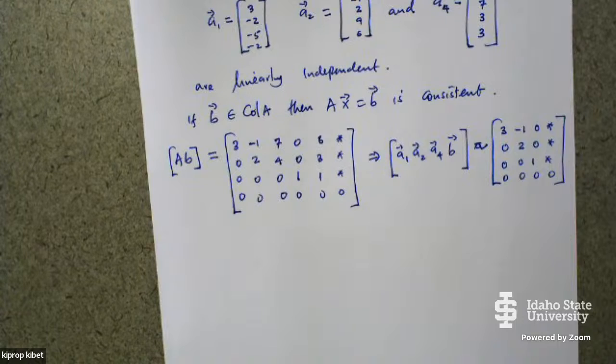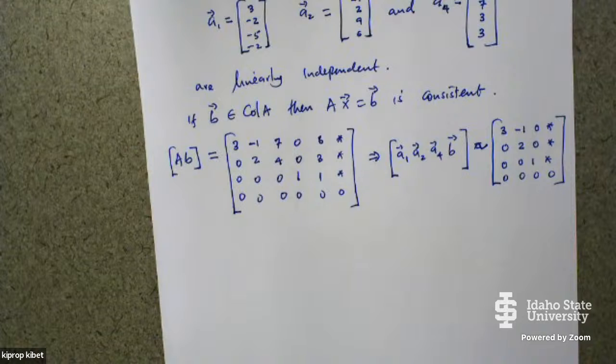Now, since we have the pivot positions in this one, we take A1, which is this one, A2, which is this, A4, which is this one, and then our B, which is this. Looking at this, this is our pivot position, this is our pivot position, this is our pivot position.